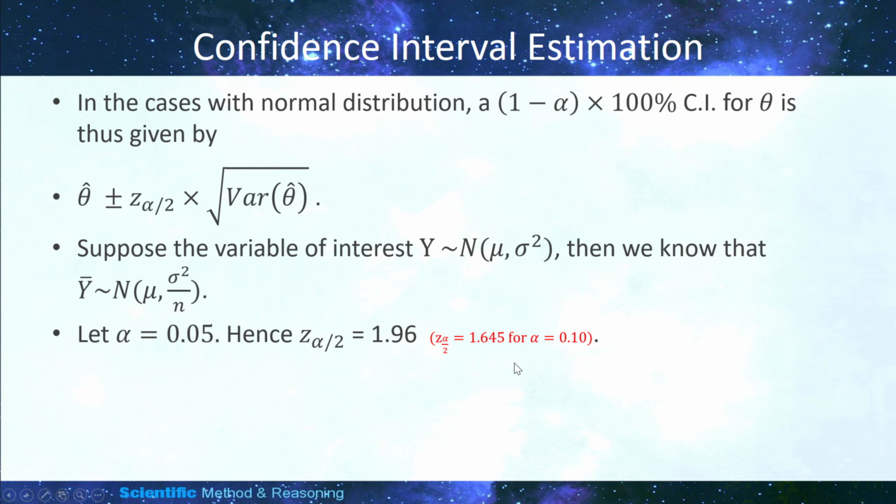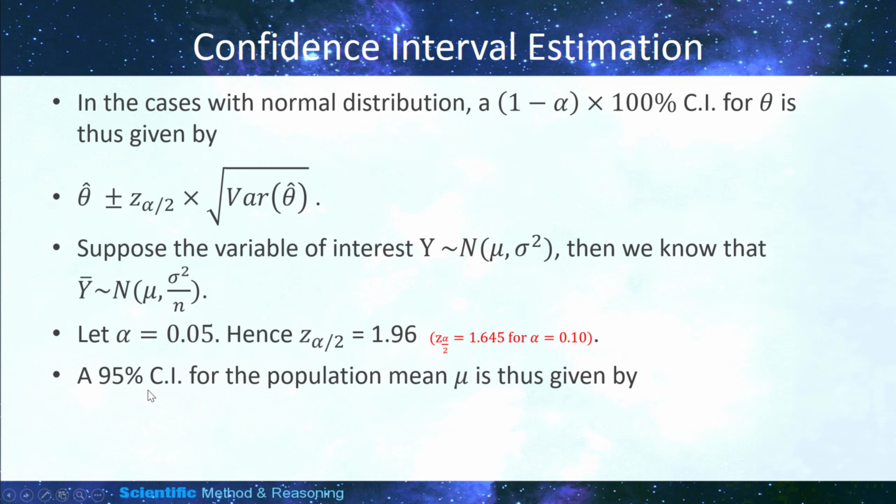Then this quantile becomes 1.645. Okay, so a 95% confidence interval for the population mean mu is thus given by, when theta equals the population mean mu, then theta hat becomes the sample mean.